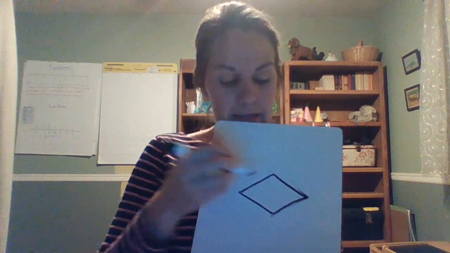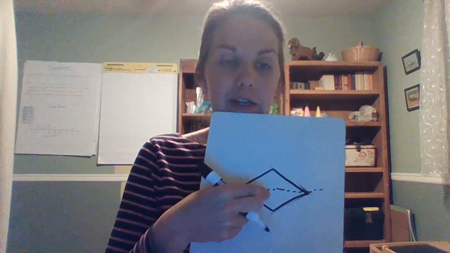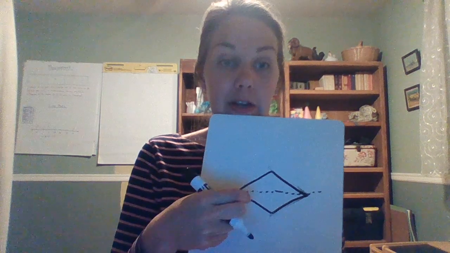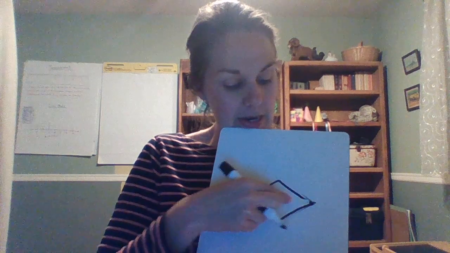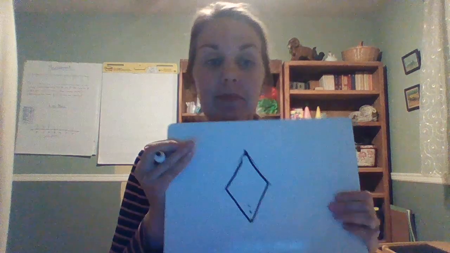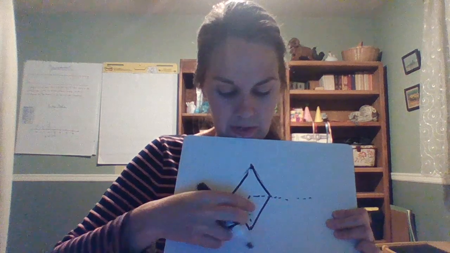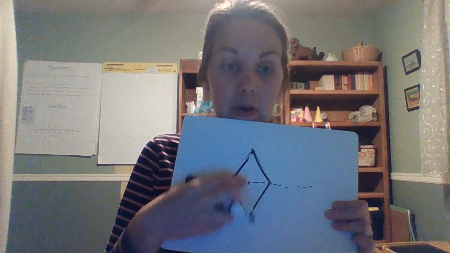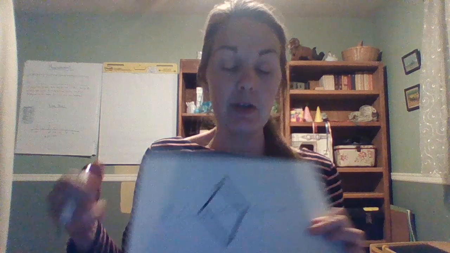And what they're saying is your lines of symmetry would be like these imaginary lines that cut your shape in half. And if I cut my shape in half this way, it would look the same on the top as on the bottom. Now I'm going to go ahead and flip it and do the same thing. Cut it in half this way. This is now my new line of symmetry, and it also looks the same top and bottom. So with a rhombus, you can flip it either way, cut it in half, and it will look the same on both sides.